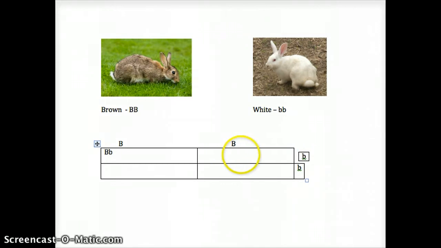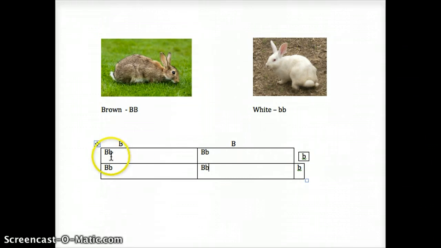Again, we have big B and little b to the right, so it would be big B, little b. We have big B at the top and little b on the side, so it'll be big B, little b. And we'll also have big B, little b for this one because we have a big B at the top of the column and we have little b on the row.